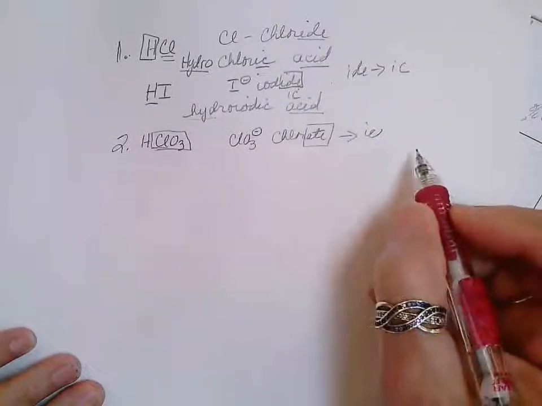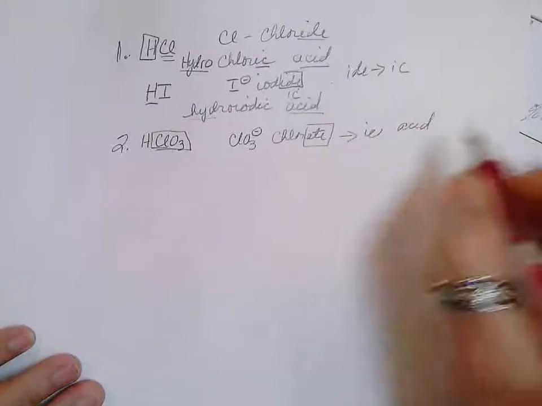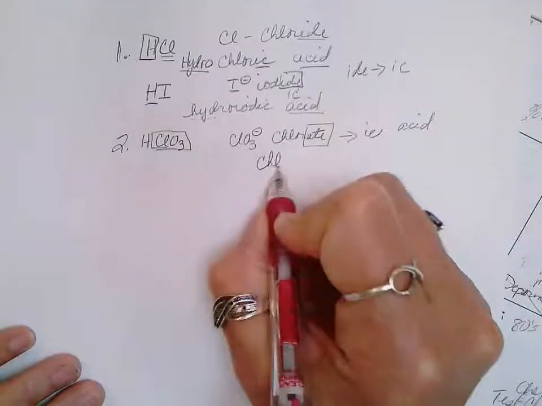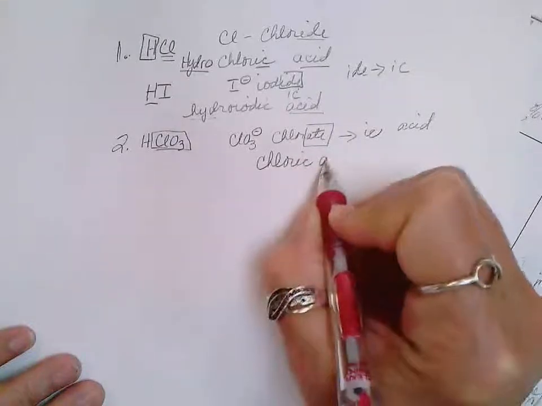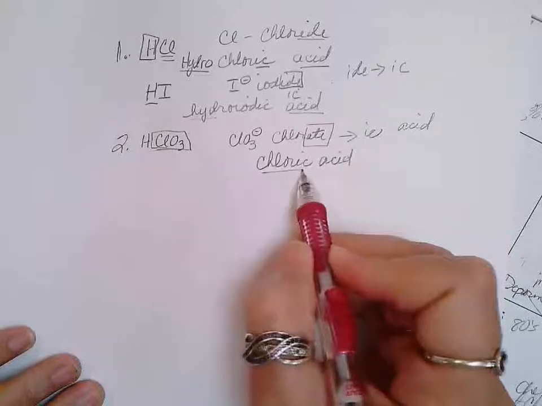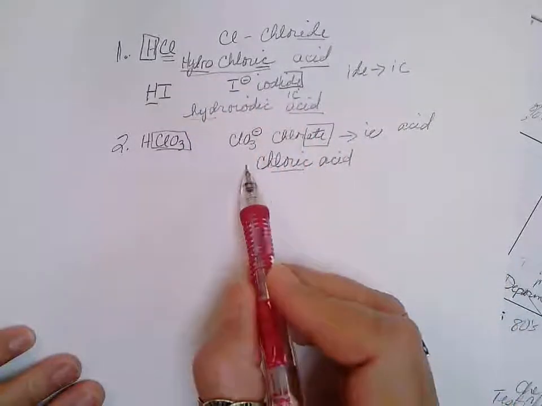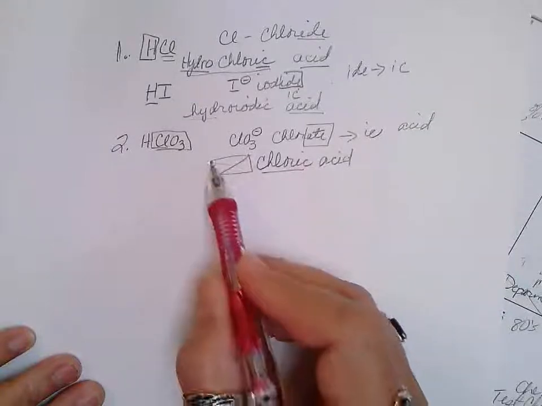We are not going to add a prefix, and we're going to add the word acid. So this would be chloric acid. And the way I can tell chloric acid from hydrochloric acid is there's no prefix.